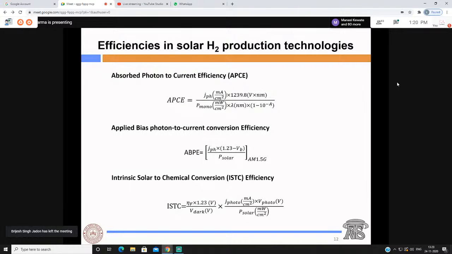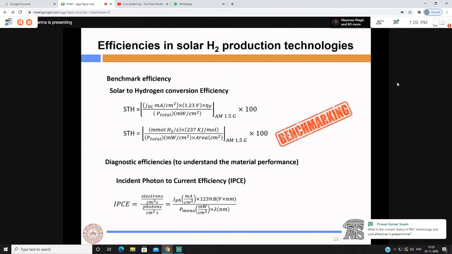Other thing is that if a photon is incident on a material, there is a probability that it does not get absorbed. So the incident photon is not a correct measurement of efficiency, because we are talking about the incident photon, which may or may not be absorbed by the material.